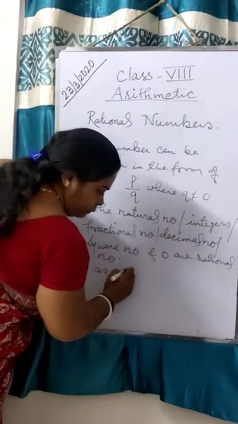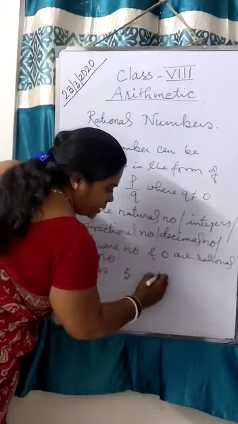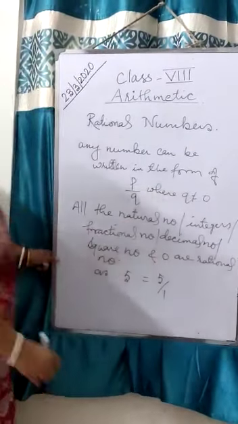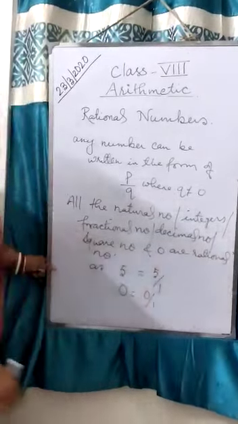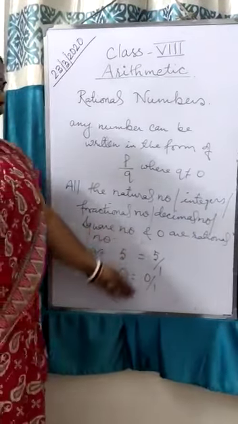As 5 we can express as 5 by 1, and 0 we can express as 0 by 1. So this is called a rational number.